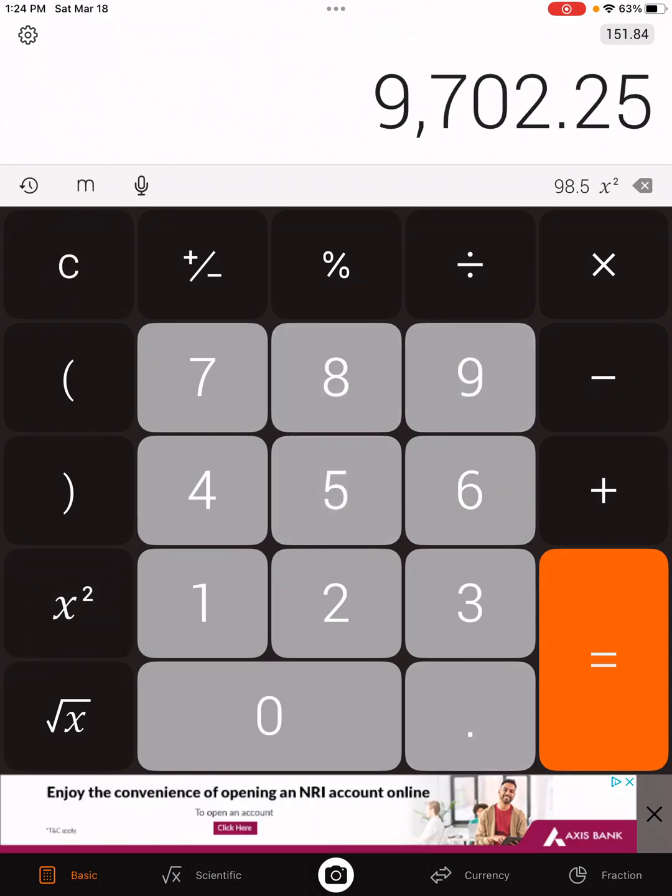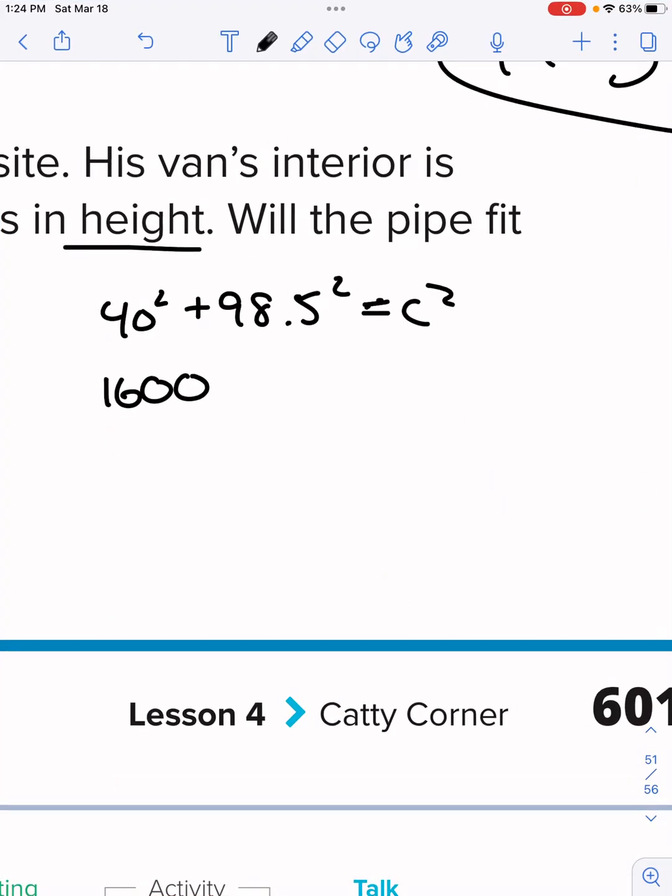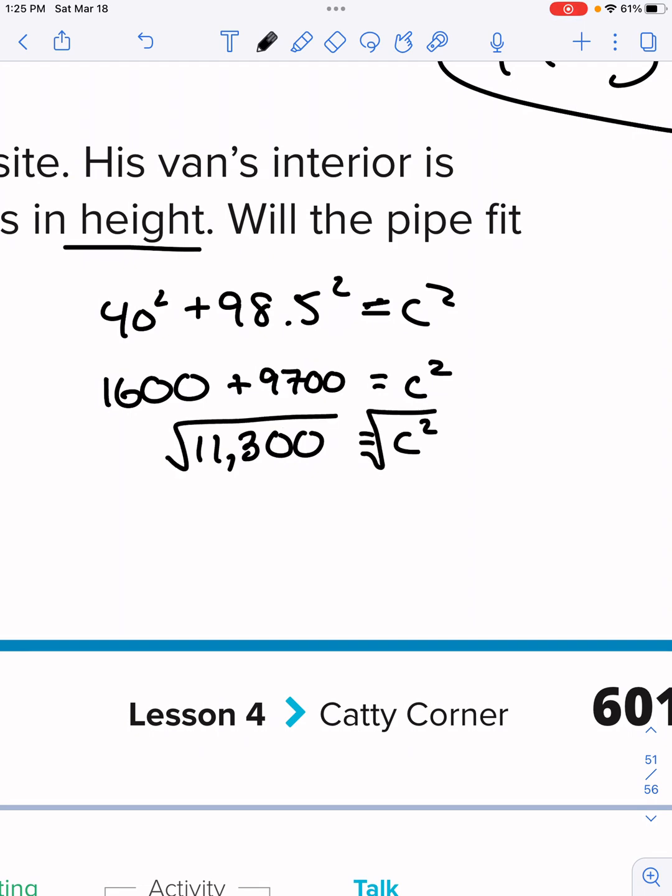Yeah, it's really close to that 9,700 number. I'm actually just going to put 9,700. Equal to c squared. And if you add this, right, what is 97 plus 16? 113, this is 11,300 equal to c squared. Take the square root of both sides.